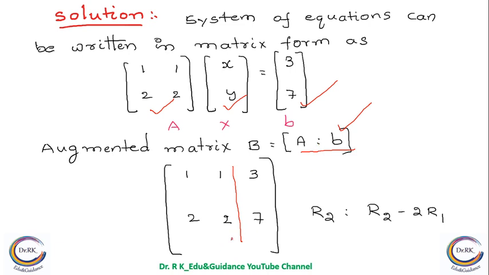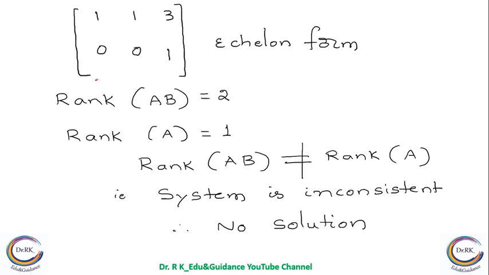So again the same thing, we have to go for echelon form of the matrix. So we try to make this 0, where R2 is row 2 minus 2R1. 2 into this row and minus this. Then we'll get this.